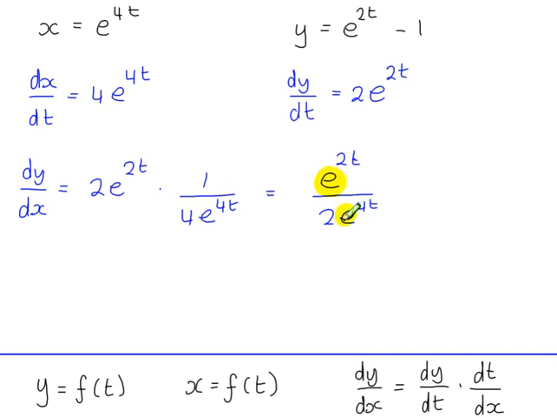Now the bases here are the same, so we can subtract the indices, so that will give us a half e to the power of minus 2t.